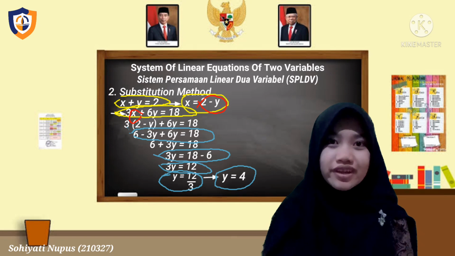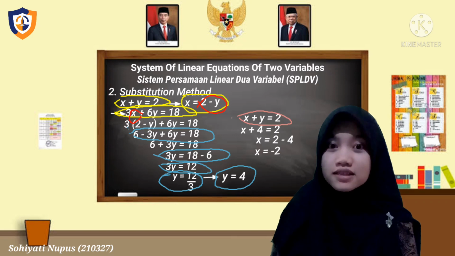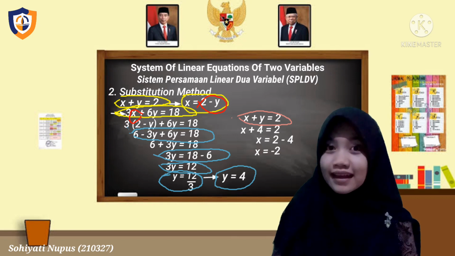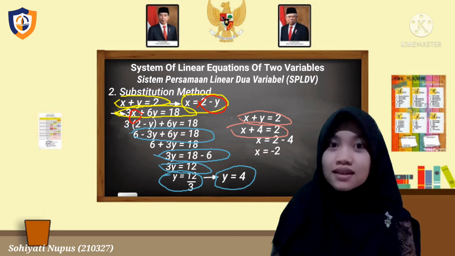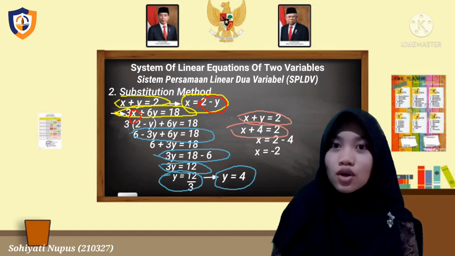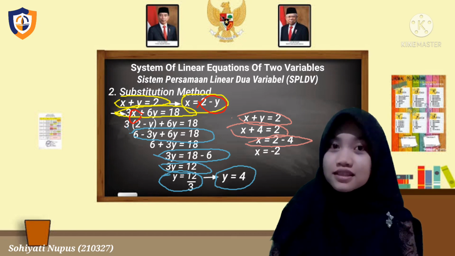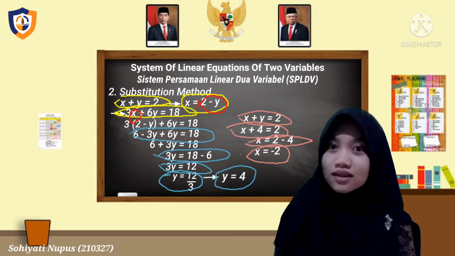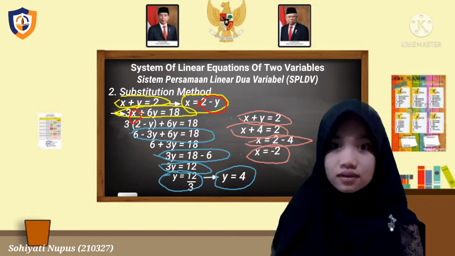To find the variable x, we just go back to x plus y equals 2. Because the value of y is 4, we get x plus 4 equals 2. Then 4 moves across so that it changes from positive to negative: x equals 2 minus 4. It produces x equals minus 2, which is also the same as the previous elimination method.